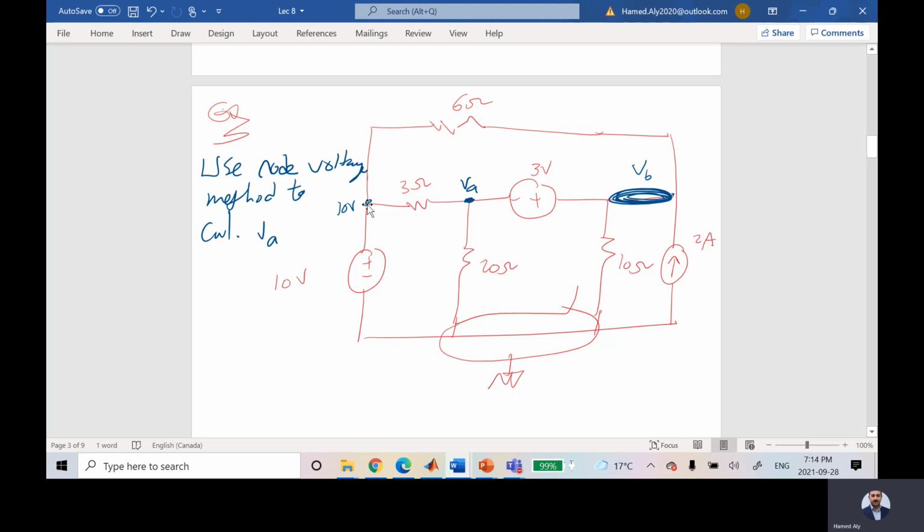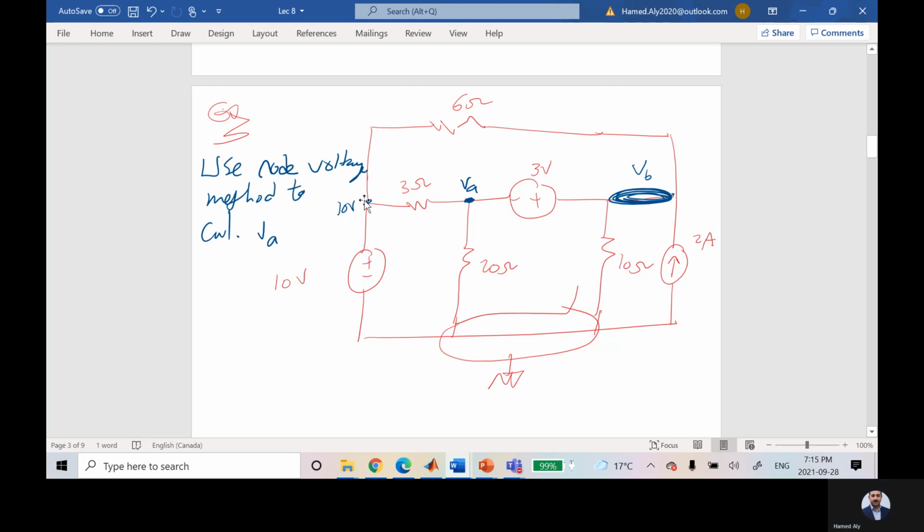No, it's given. Unless I asked you to calculate the current here. At that time, you will say summation of the current for that node is equal to 0. But since the voltage for the node is given, there is no need to start solving the problem by saying summation of the current here is equal to 0. I'll wait. I'll start with another node. I will not start with this node.